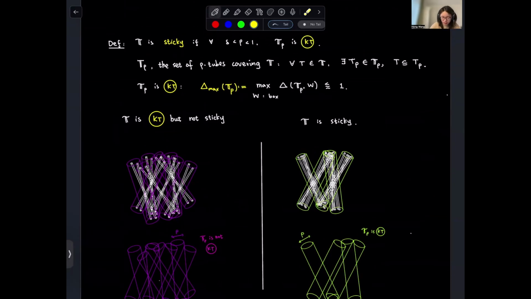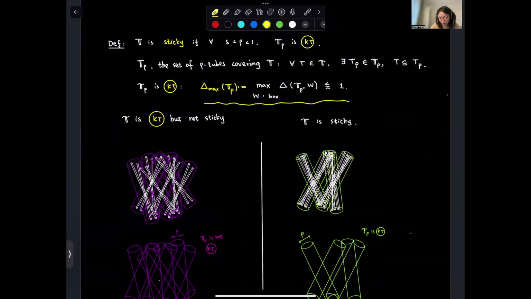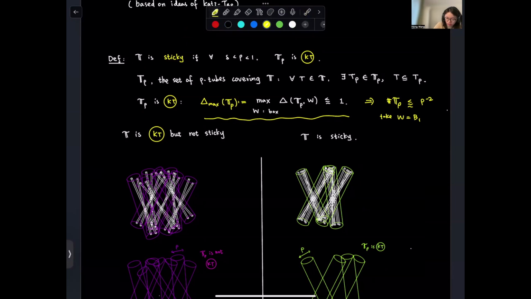Notice that if a set of tubes satisfies this density bounded by 1, it implies that the number of ρ-tubes is less than ρ^{-2}, because we might take W equal to the unit ball, and since our set of tubes is contained in the unit ball, I forgot to add this assumption.